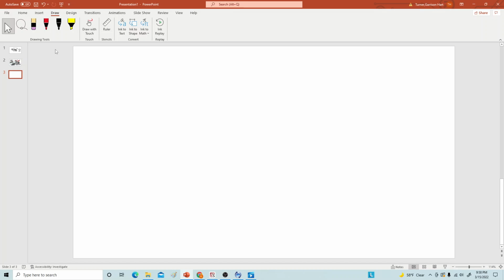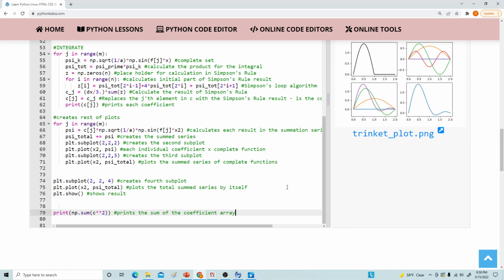It turns out that the square of these coefficients represent the probabilities. So what you should find is that the sum of the squares of these coefficients as you approach infinity should equal 1. So that is why we have that line of code there. Because if you get something more than 1 in this particular case, you know you've done something wrong. It's not cool. So this is the code.